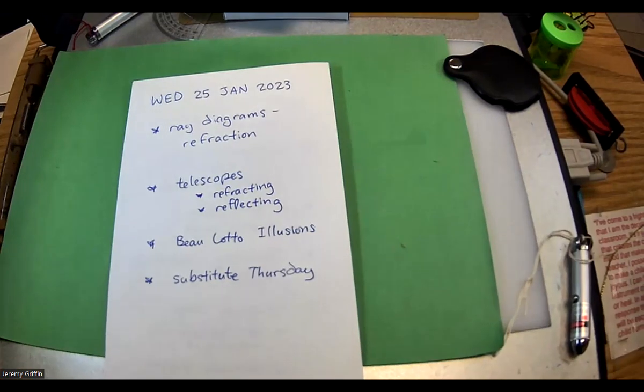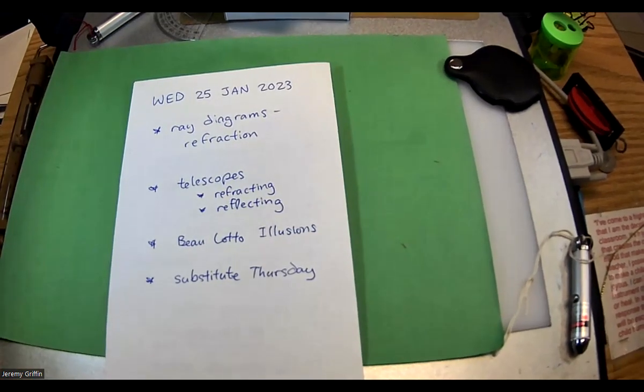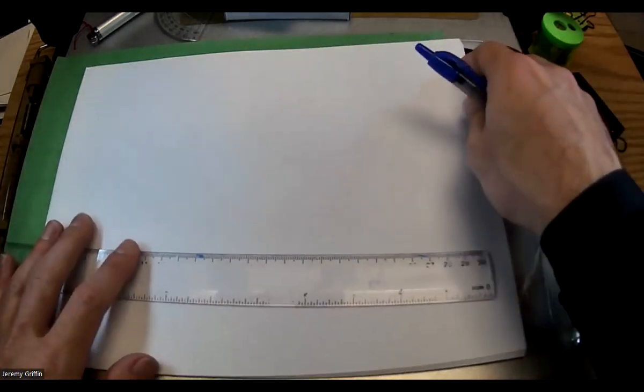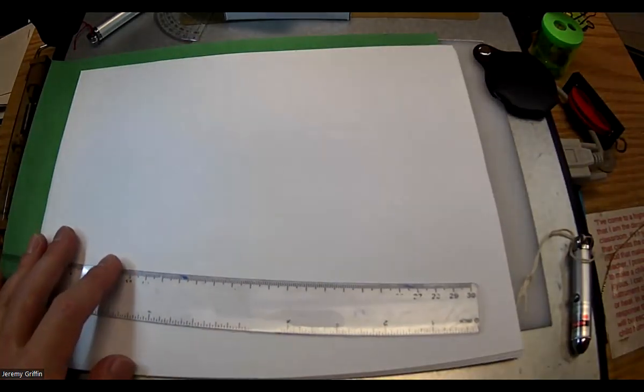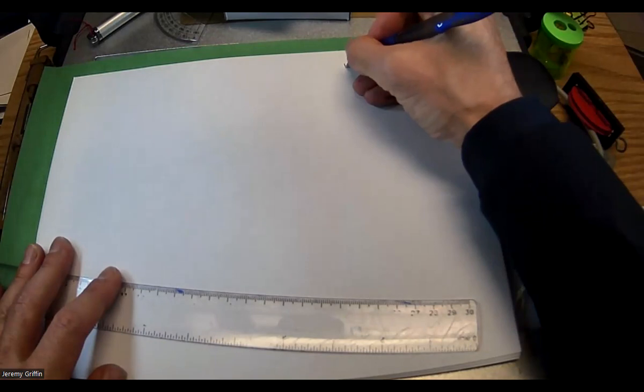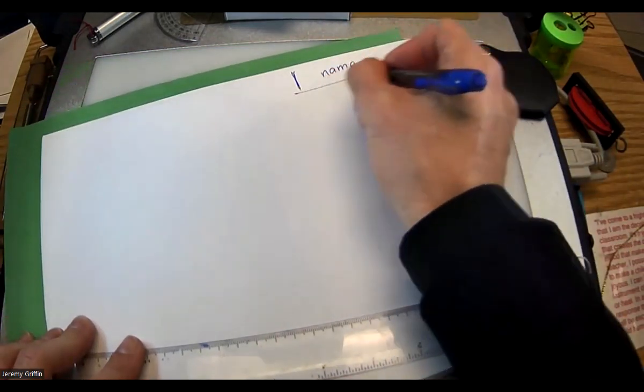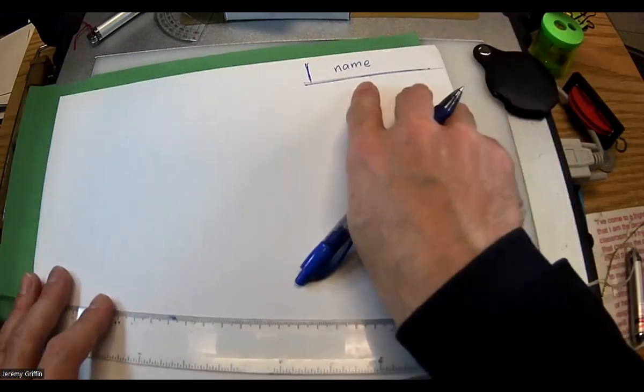Okay, so let's do ray diagrams for lenses, refraction. This is a continuation from refraction and Snell's law from yesterday. Now we're going to do a lens application of this. You guys got a paper on your desk? On this paper, write your name. I'll have you turn this in by the end of class today. Is your name on your paper?